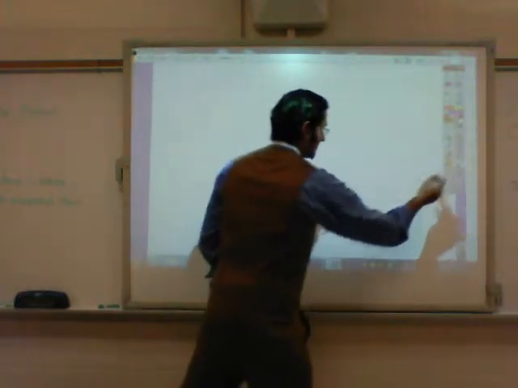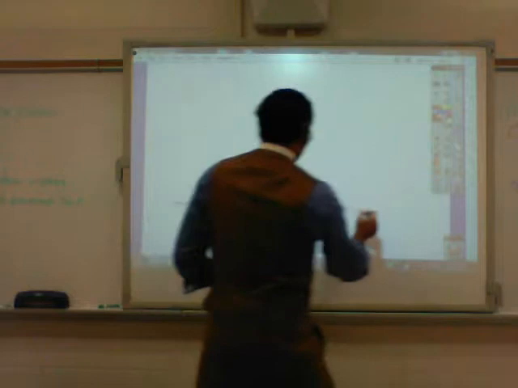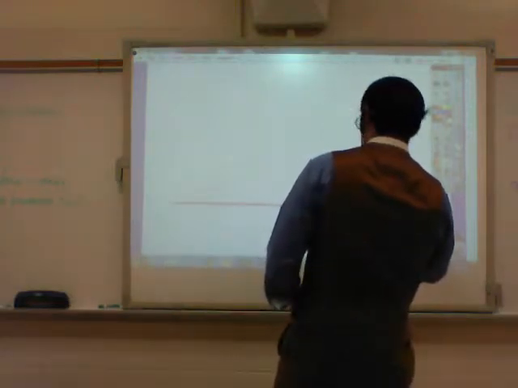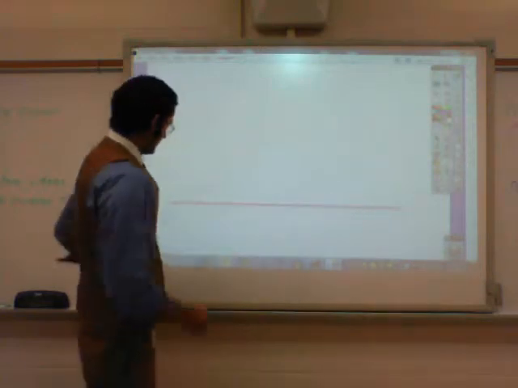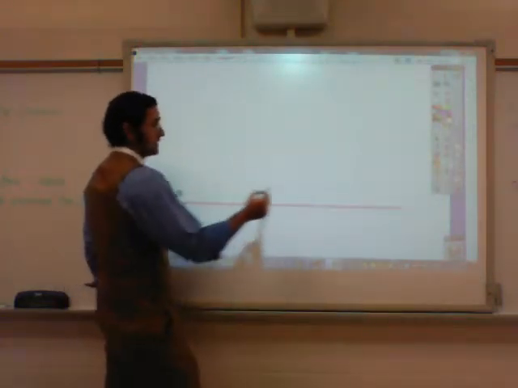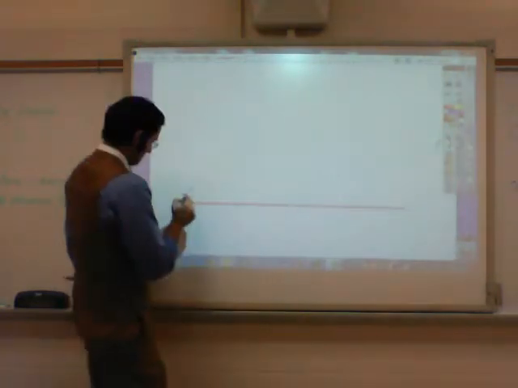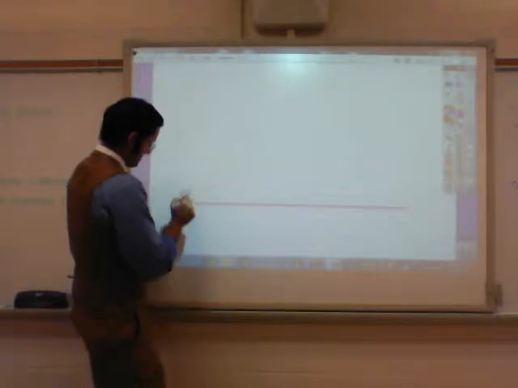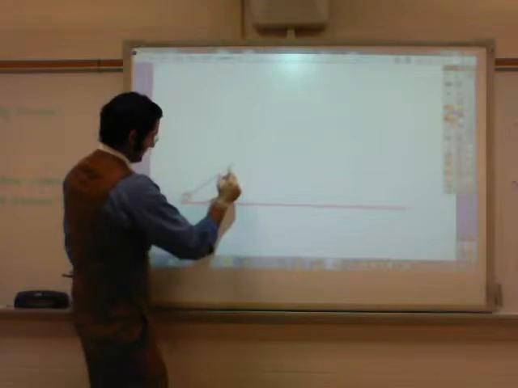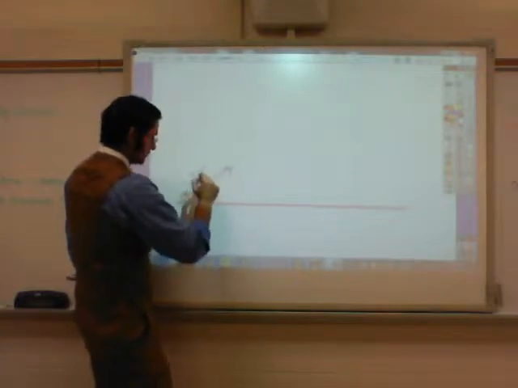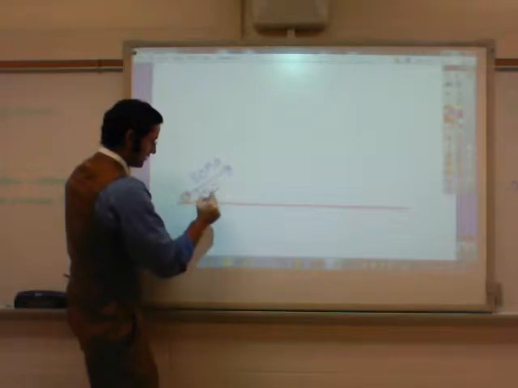So the diagram looks something like this. You've got the ground, and then you have a cannonball right here. The cannonball is being fired at an initial velocity of 50 meters per second at an angle of 40 degrees.